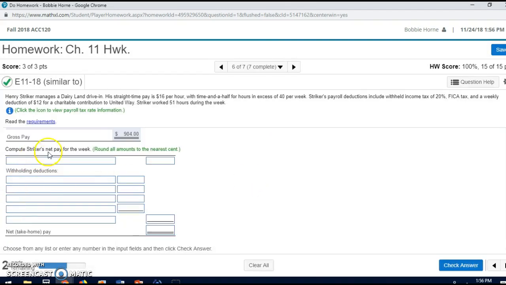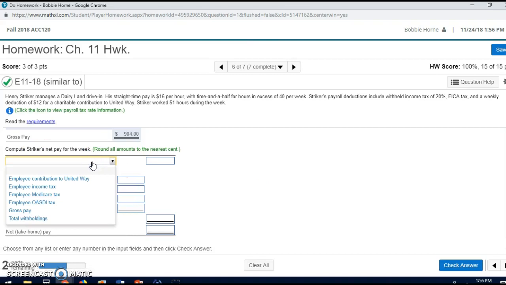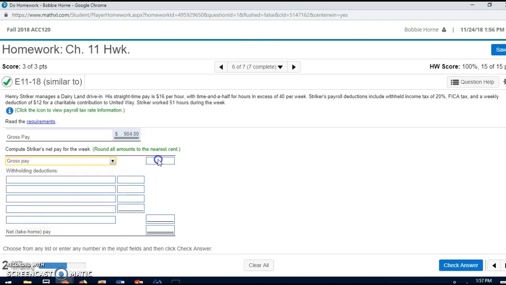Then it wants us to do the net pay, so we will do the gross pay, and then we will calculate the withholdings.